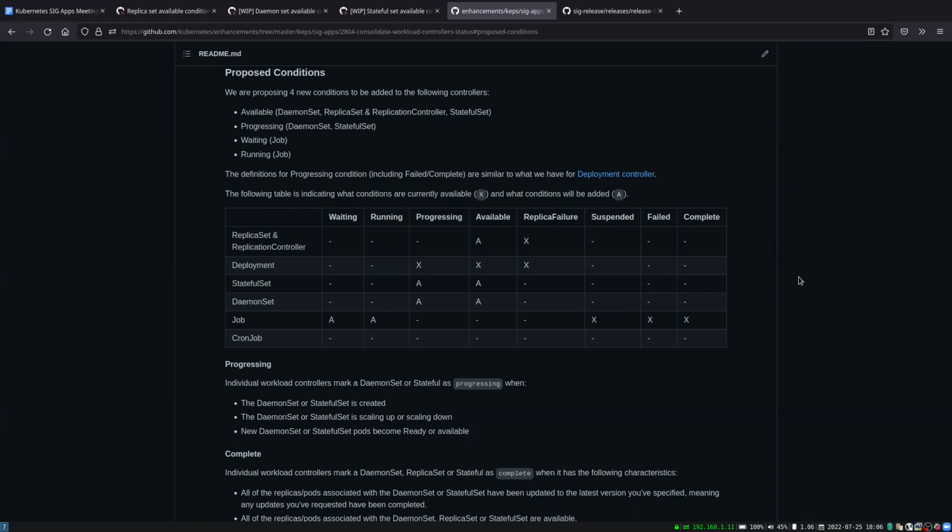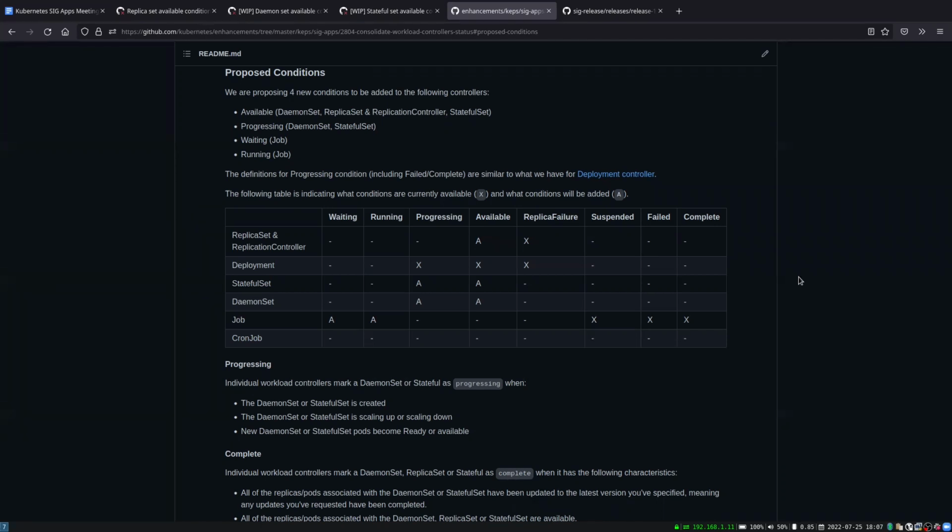And if you are familiar with the deployment available condition, this is the base case which we are basing this off, but it's not exactly applicable for all of the others. I will explain why, and then we can come up with some solution.